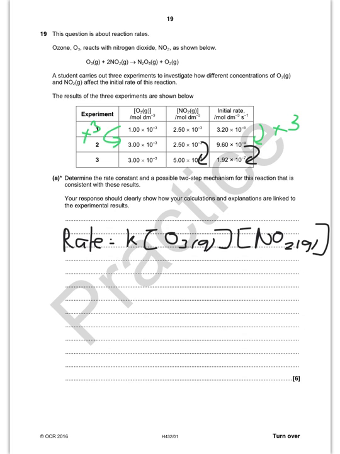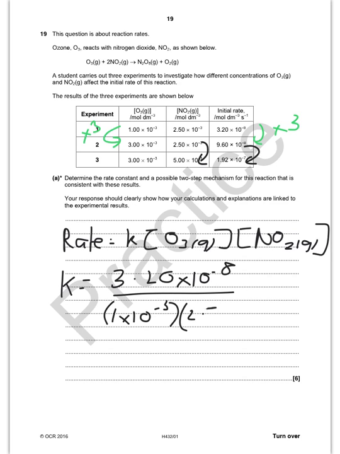So now I need to determine my rate constant. You can use any of these experiments if you like. If I use experiment number 1, my initial rate is going to be 3.20 times 10 to the minus 8. Divide that by my concentration of ozone, which is 1 times 10 to the minus 3, and my concentration of NO2, which is 2.5 times 10 to the minus 3.